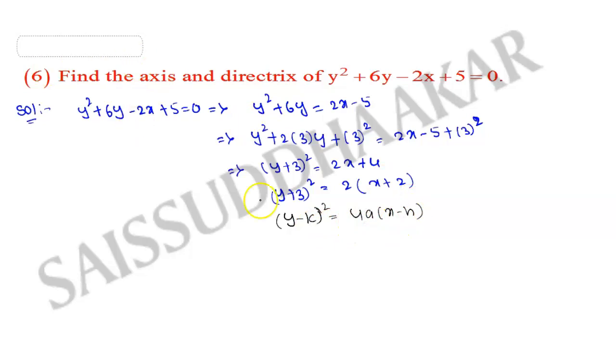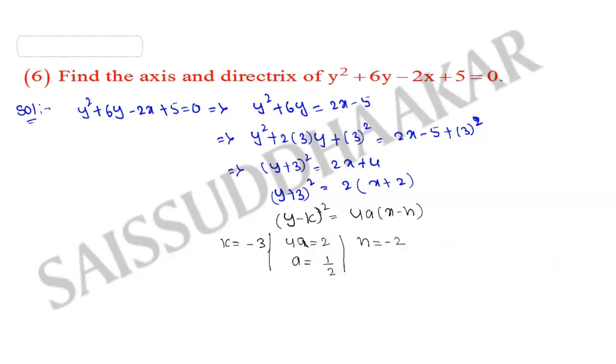At the time of comparison, I am getting k is equal to minus 3, and 4a is equal to 2, and h is equal to minus 2. Here 4a is equal to 2, so a is equal to 2 by 4, that is nothing but 1 by 2.